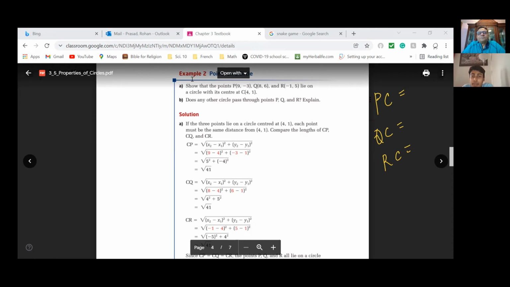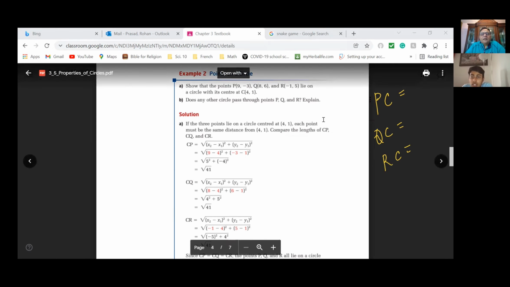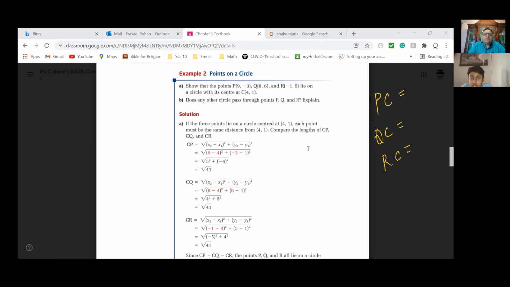If I am able to find that all of them are the same distance, this tells me that all the points are placed on the circle. Correct. So you find the distances PC, QC, and RC, and you get root 41. Since all the distances are equal, in this case calculated to be root 41, we verify that the center lies at C, correct?